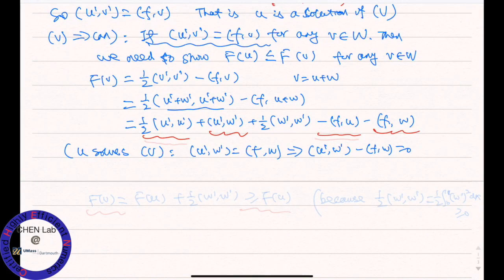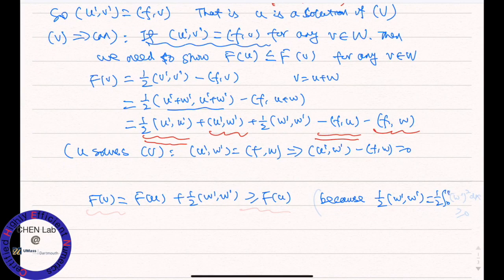So we know f(v) is equal to f(u). What is f(u)? f(u) is these two terms, as the two terms go to 0, plus 1/2 (w', w'). This is larger than or equal to f(u). The reason is that 1/2 (w', w'), remember, the parenthesis notation is the integration.